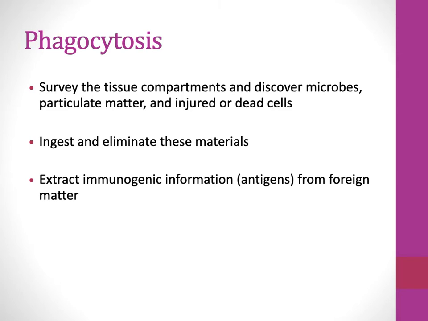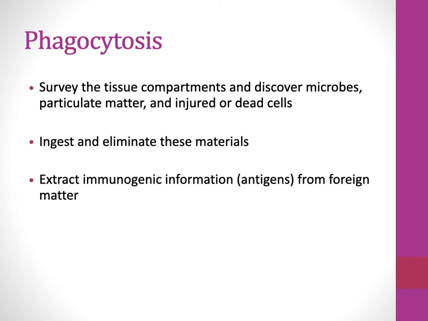We've talked about how neutrophils can do this, but your macrophages and your dendritic cells can do this also. B cells can do it, though they don't do it very well. They're known for producing antibodies, but it's not just one type of cell that is a phagocyte. Phagocyte is a general term for cells that undergo phagocytosis. What they're going to do is ingest the material and then break it down and eliminate it.